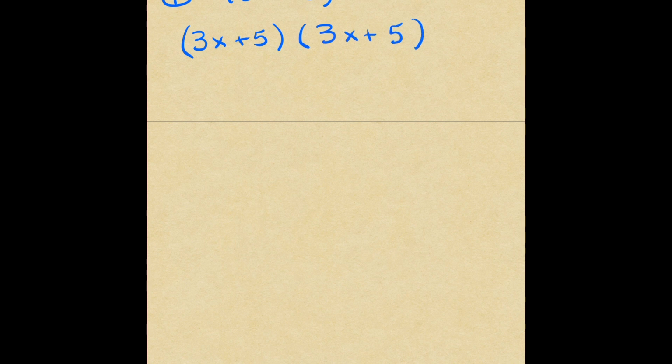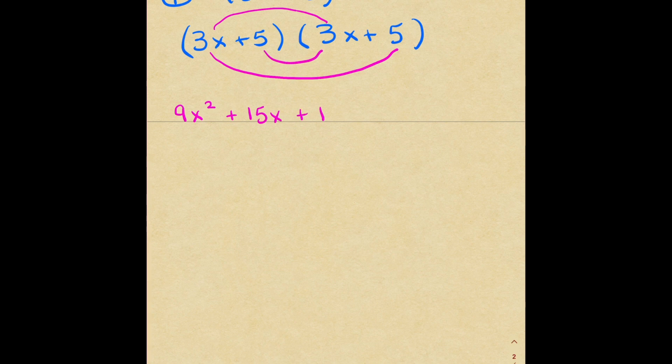And if I wanted to demonstrate this using FOIL, it would look like this. 3x times 3x is 9x squared. 3x times 5 is 15x. 5 times 3x is 15x, deja vu. And 5 times 5 is 25.